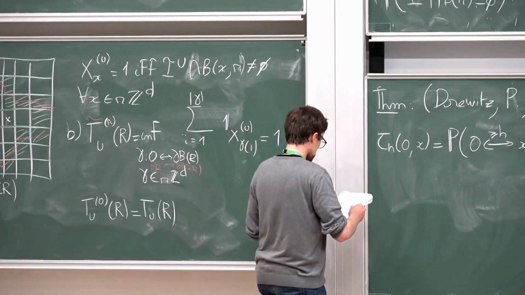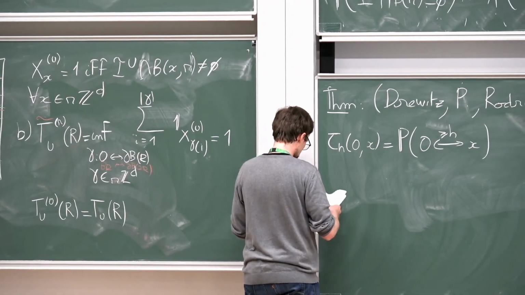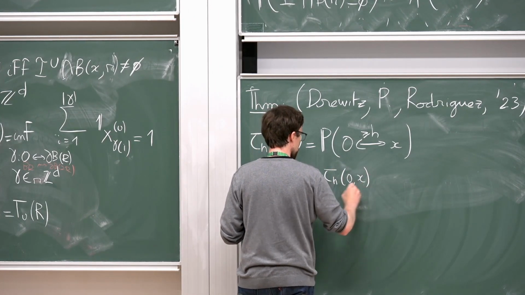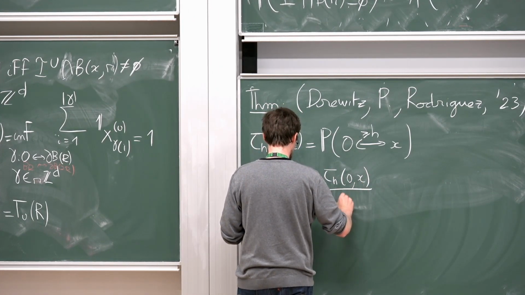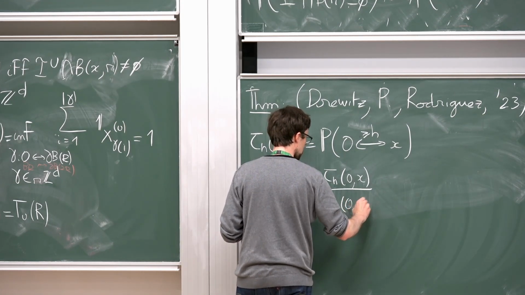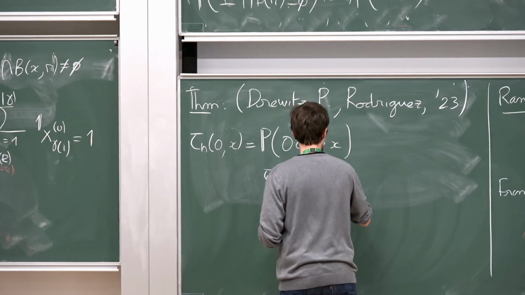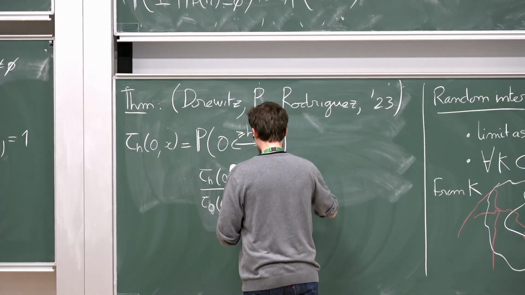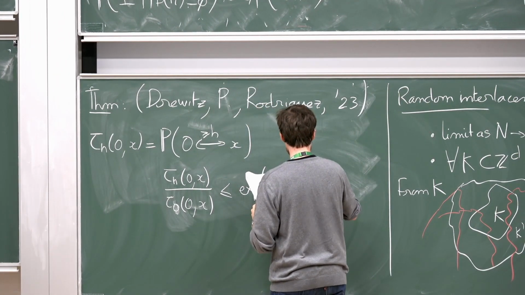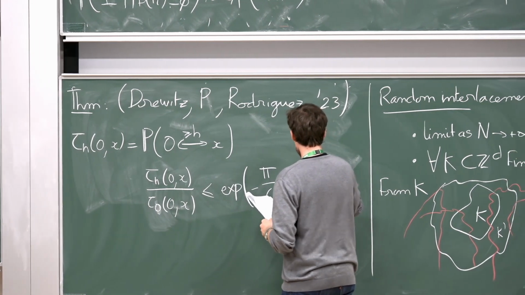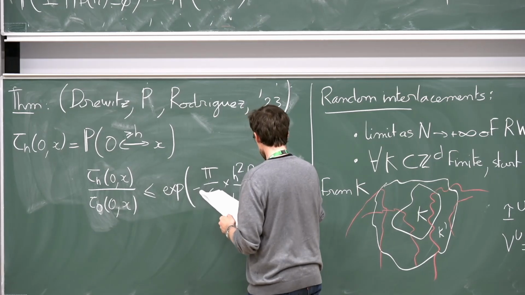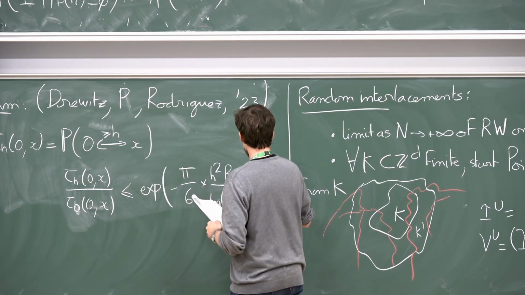Okay, and what we prove is that if I look at the ratio of the off-critical and subcritical, more precisely, two-point function with the critical one, then this decays as exponential minus pi over 6. So this is a slightly different constant, but it just comes from the isomorphism. And then you have the same dependency, except it's h squared, which replaces u in the previous formula.